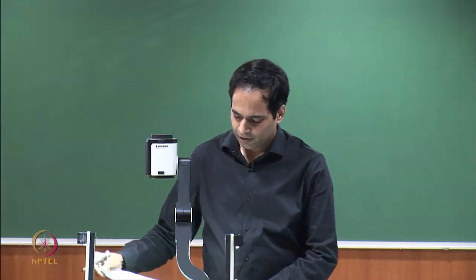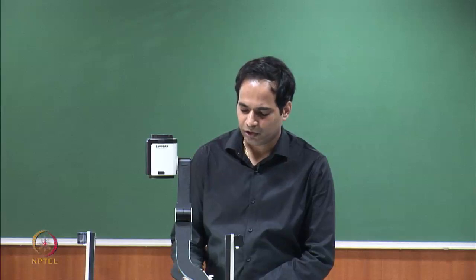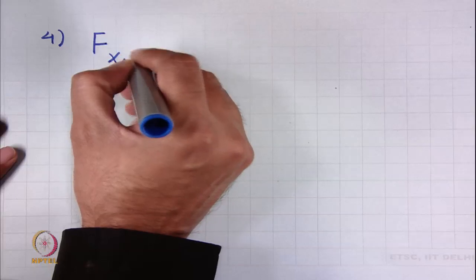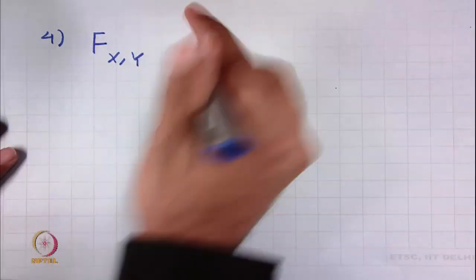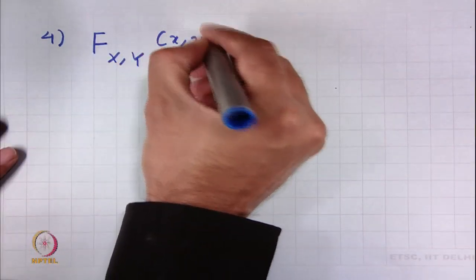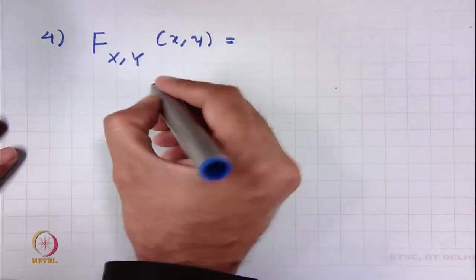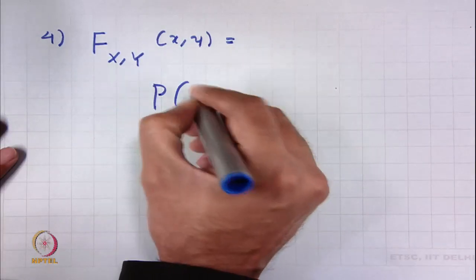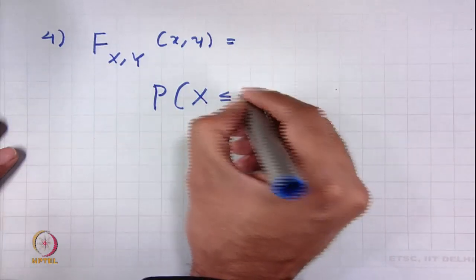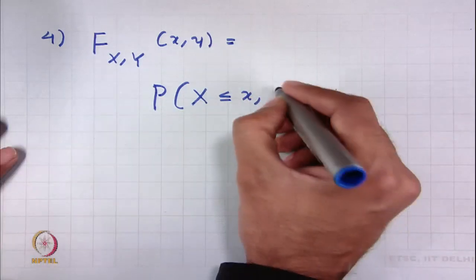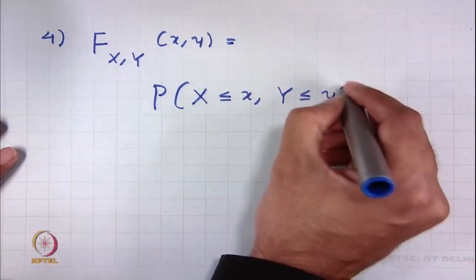Now, the next important property that we can understand is deriving the cumulative distribution function or CDF. The CDF in case of two random variables, the definition is very similar to the case of a single random variable. It is nothing but the probability that random variable x takes a value less than x and random variable y takes a value less than y.